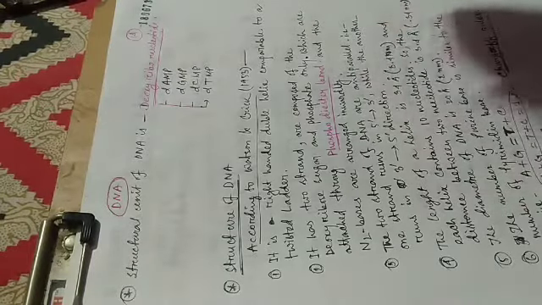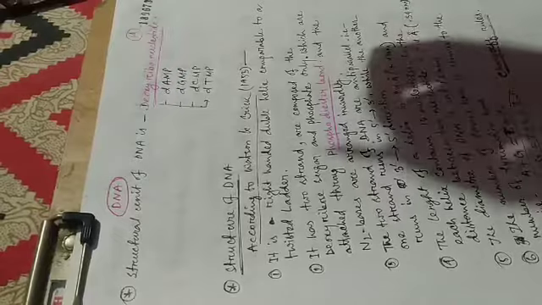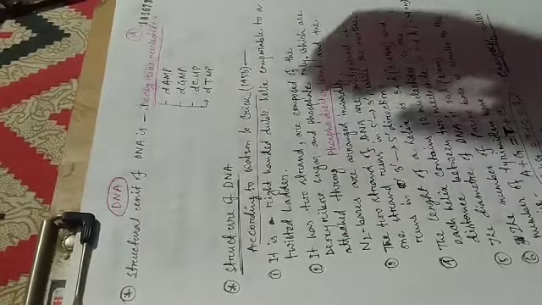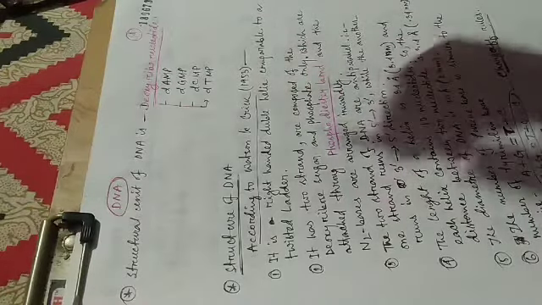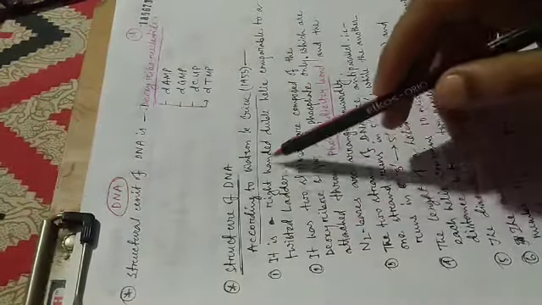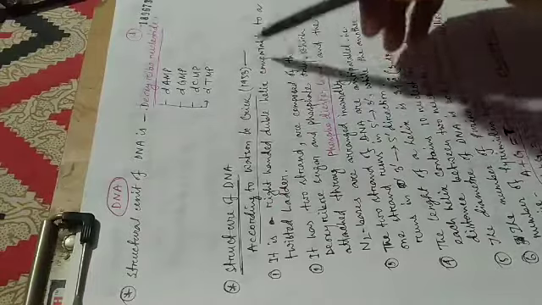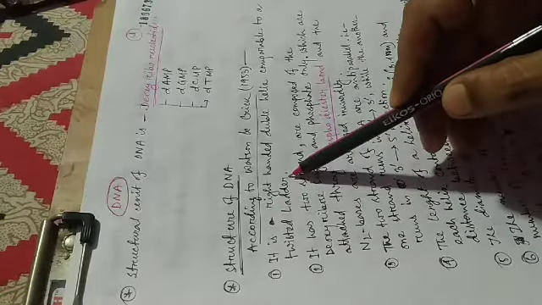According to scientists Watson and Crick, the DNA has the following characteristics. First, it is a right-handed double helix comparable to a twisted ladder.